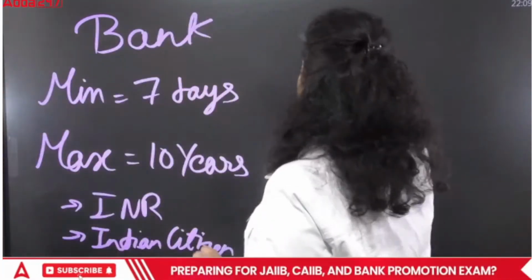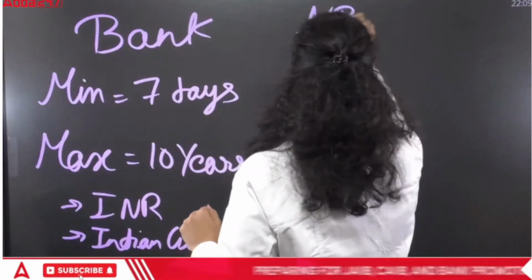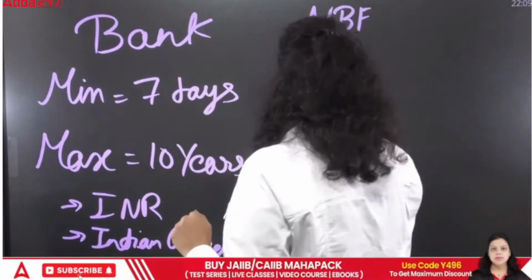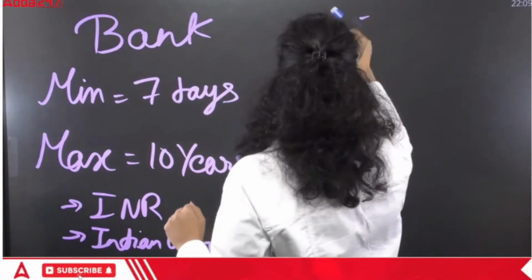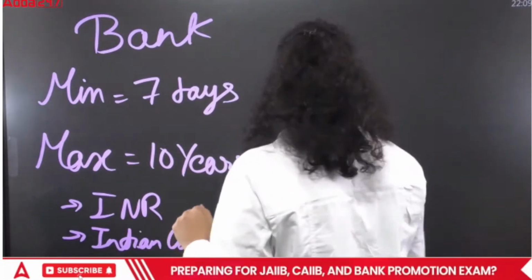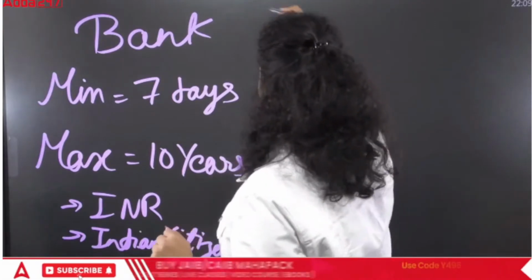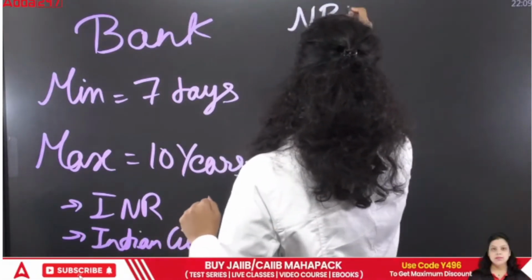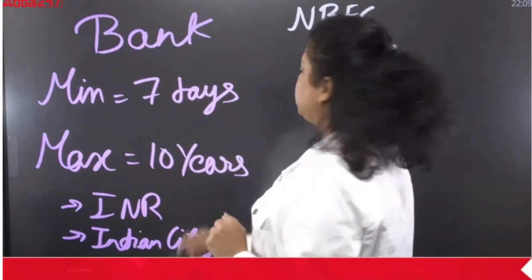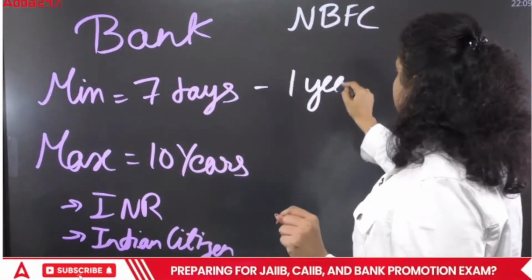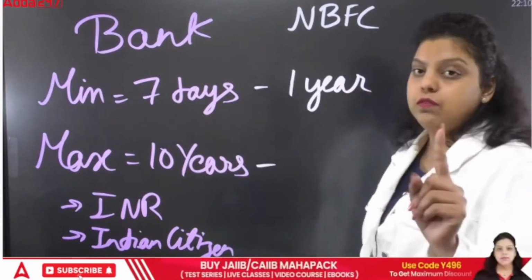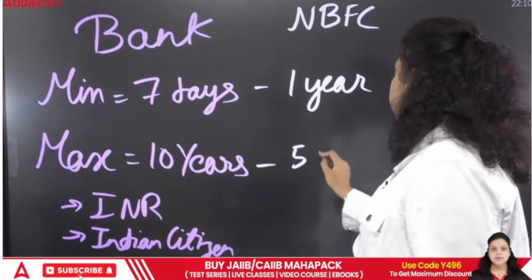The second condition is if you are having an FD in an NBFC, non-banking financial company: the minimum duration will be 1 year and the maximum duration will be 5 years.